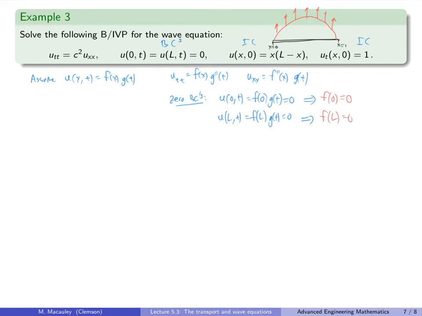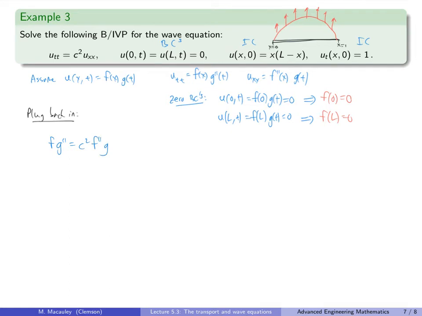Okay, so now let's plug these back in. As before, we're going to plug the derivatives into the PDE and separate variables, and then we will use these boundary conditions right here. So u_tt is f times g double prime equals c squared u_xx, which is f double prime times g.